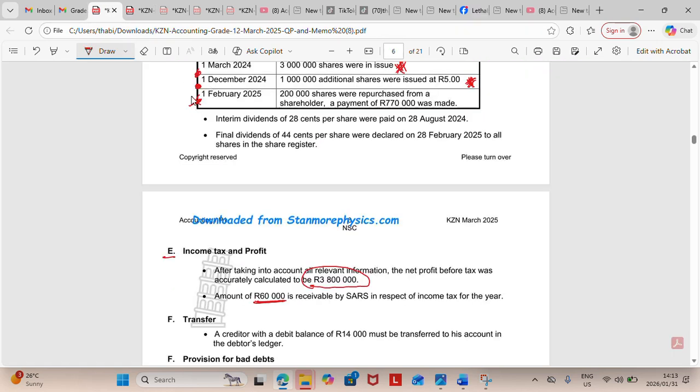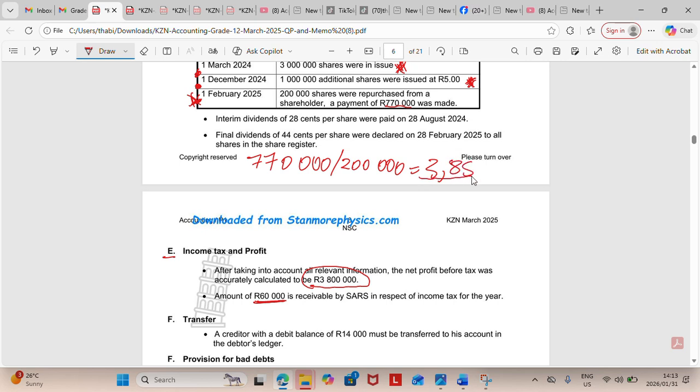Here's the information. The actual amount that we paid is 770,000. So you can just say 770,000 divided by 200,000, and then you should get 3 rands 85 cents.